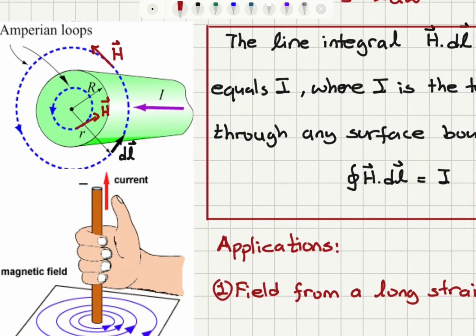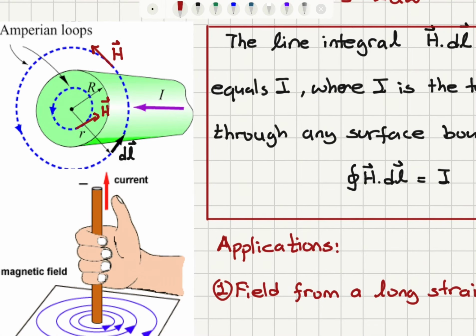So we can see that what we're calling dl is basically, in magnitude, an arc length in this circle that we're forming. So it would be equal to r times d theta if we have an angular displacement d theta.